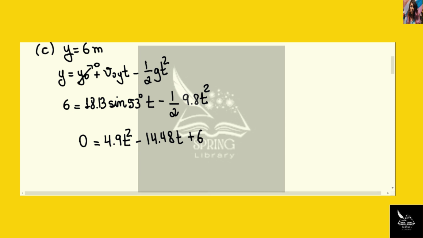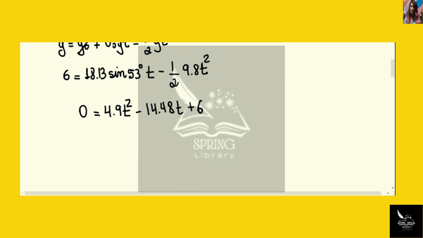Notice that everything here is in the international system of units. That's why I'm not writing the units explicitly. And now we can solve this equation for t. I can write this as a t squared plus bt plus c. So a is 4.9, b is minus 14.48, and c is 6.